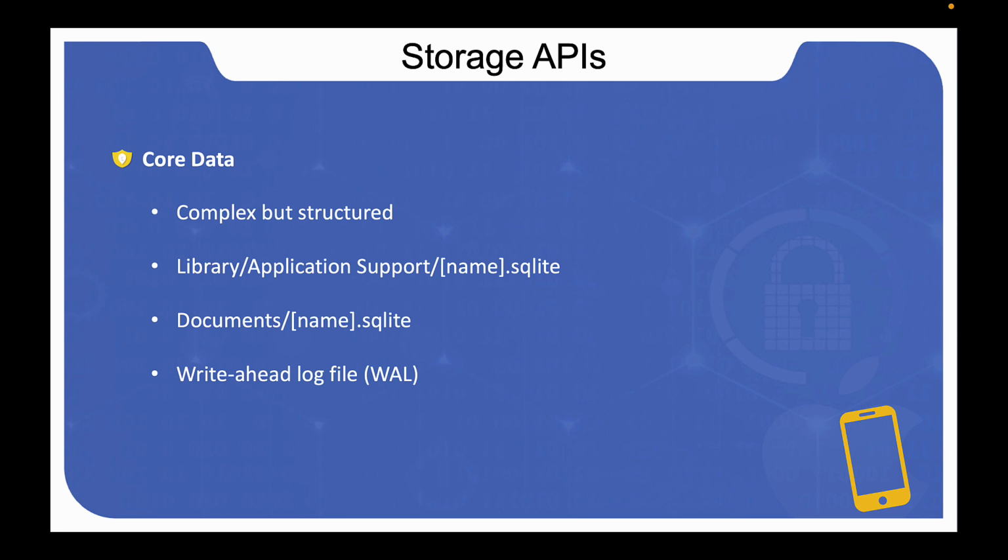Usually on other platforms it can have the extension of .db, but it is .sqlite on iOS devices. SQLite also uses another file called the write-ahead log, or the WAL file, which is a separate file to store the changes before being executed on the database. This file can have important information such as usernames and passwords.